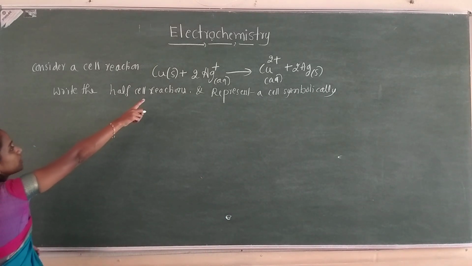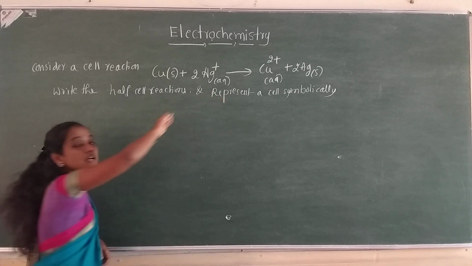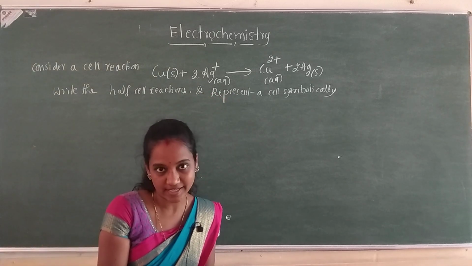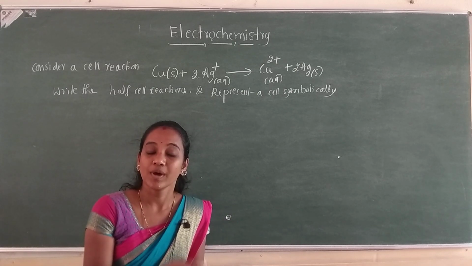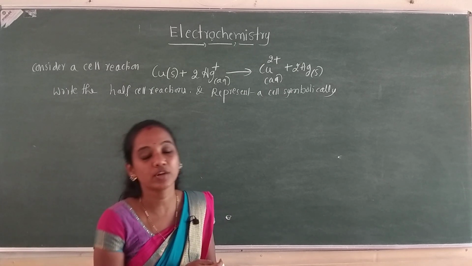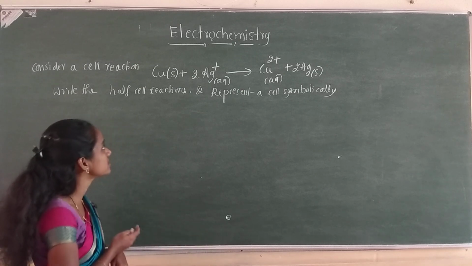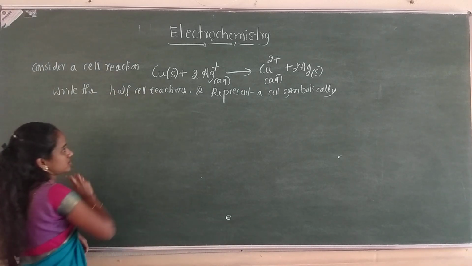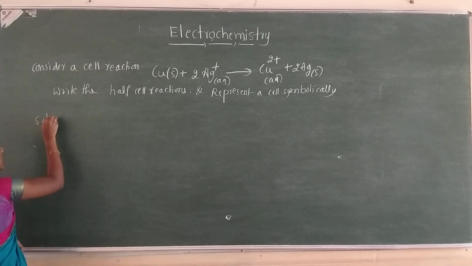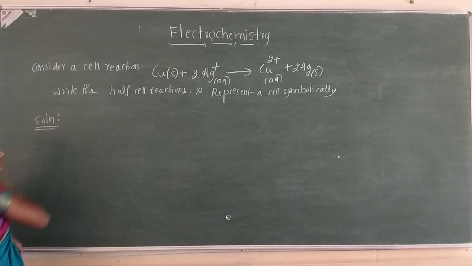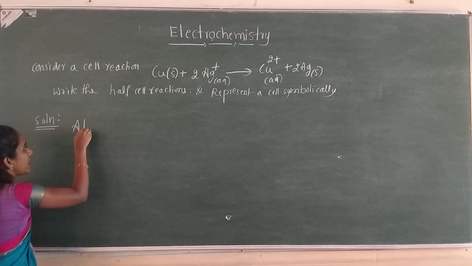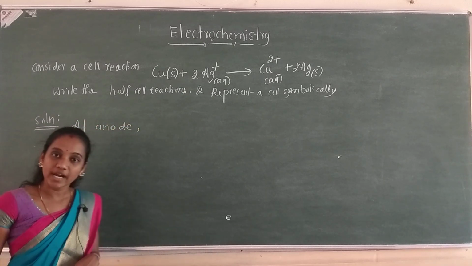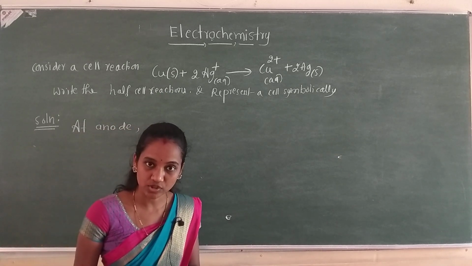So you can see here, this is a cell reaction. Cell reaction in the sense it consists of two half cell reactions. One is the oxidation half cell reaction and one more is the reduction reaction. Now you have to write the half cell reactions. So what is the answer? Let us write at the anode. We know that anode is a negative electrode.